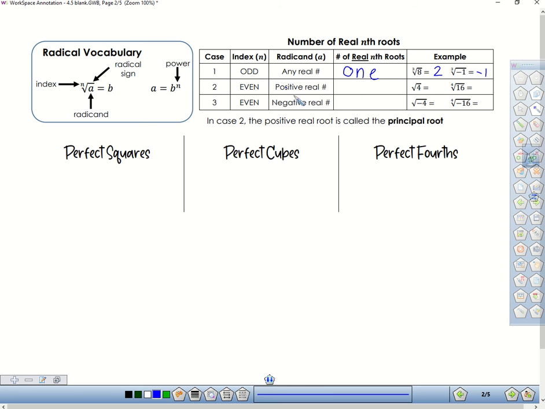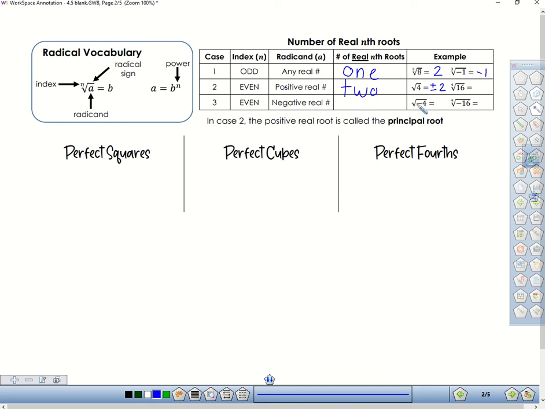Now, we also have an even case where we have a radical of a positive real even. So this actually ends up with 2 answers. And you guys are used to this because we have plus or minus. That's where the plus or minus comes in. So what is the square root of 4? 2. But it's not just 2, it's plus or minus 2, right?